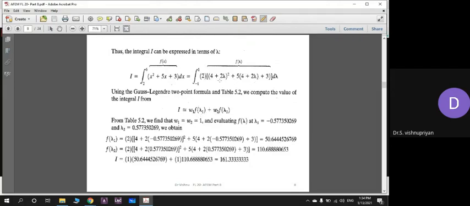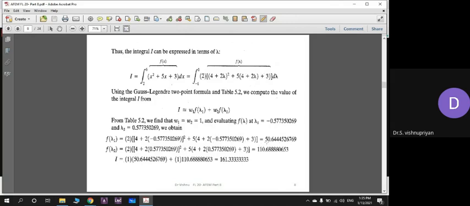So in this lambda, first I am going to use minus 0.57735. So f of lambda 1 is 2 times (4 plus 2 times, in the place of lambda, I'm going to put minus 0.57735) the whole thing square, plus 5 times (4 plus 2 times, again in the place of lambda, minus 0.57735), and this 3 remains as 3.